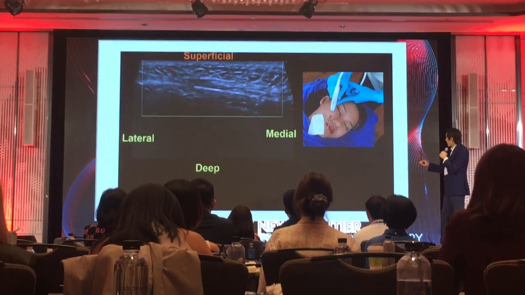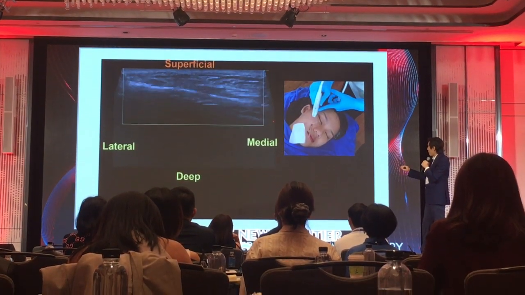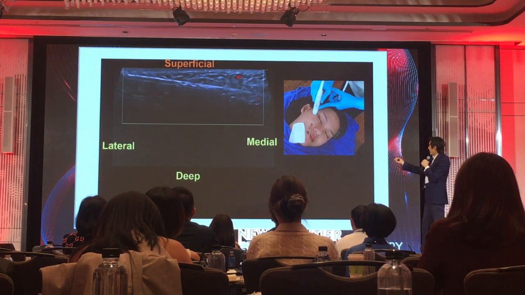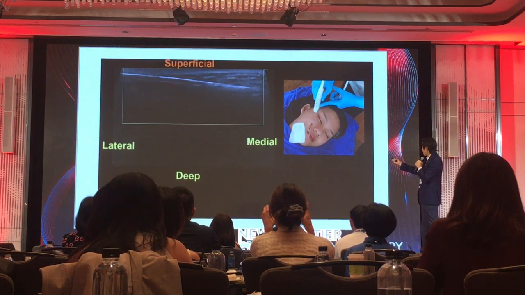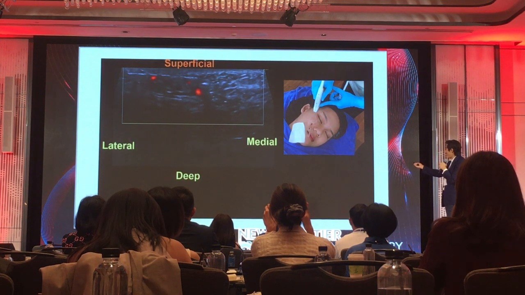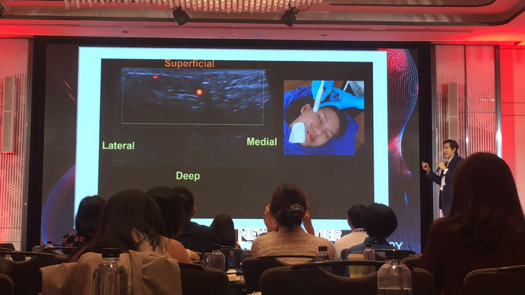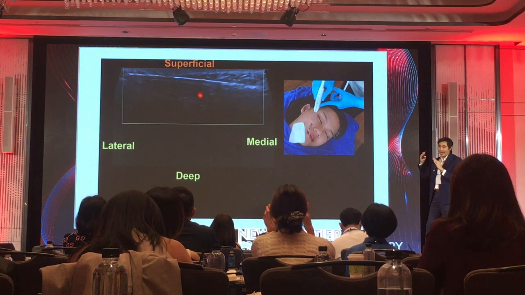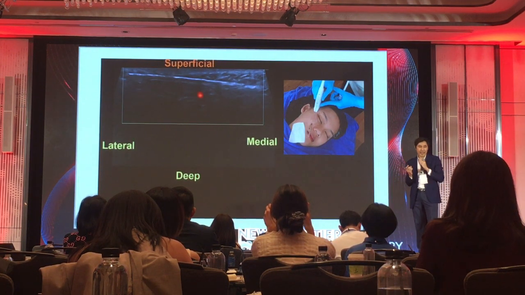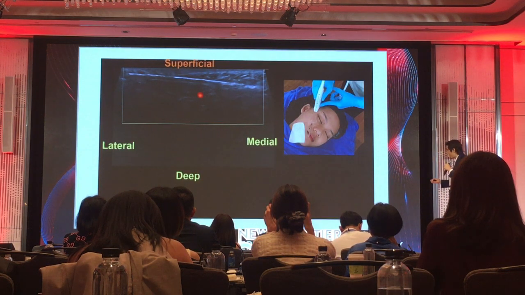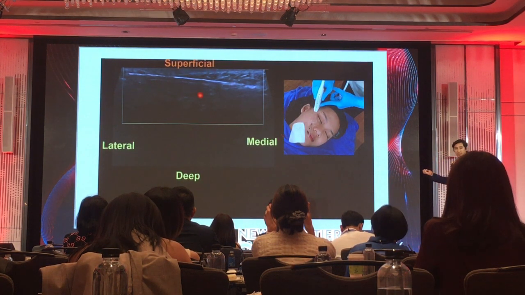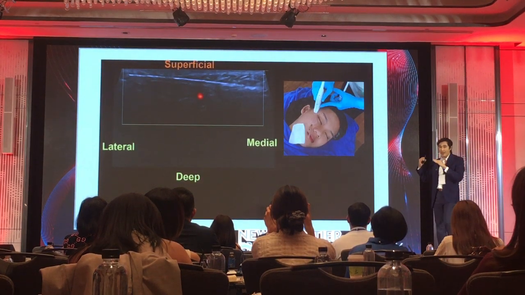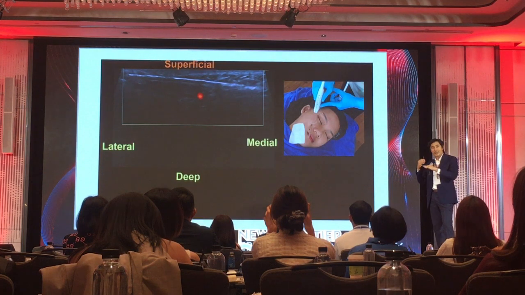Right here, the medial side is the nasolabial fold, and we go underneath the SMAS. This one is the subcutaneous plane. Before I go over the area of the zygomatic arch bone, I go superficially before the cannula reaches the zygomatic arch, because one vital structure we should be cautious about is the frontal branch of the facial nerve, which is located on the zygomatic bone under the SMAS plane, right?